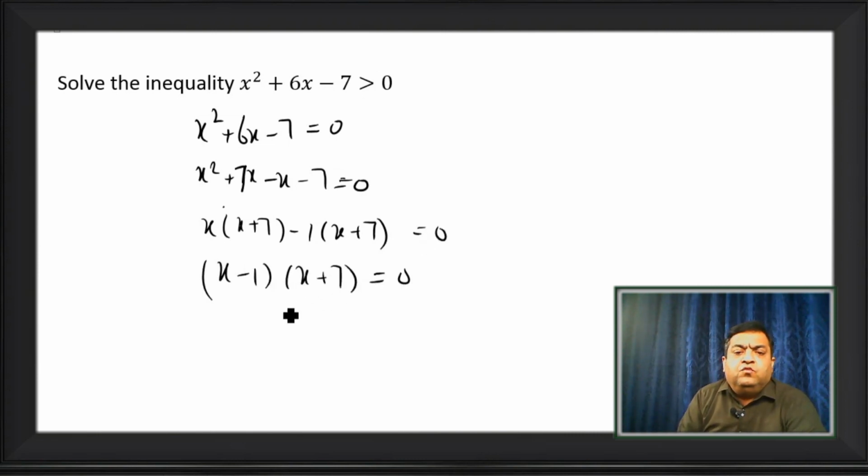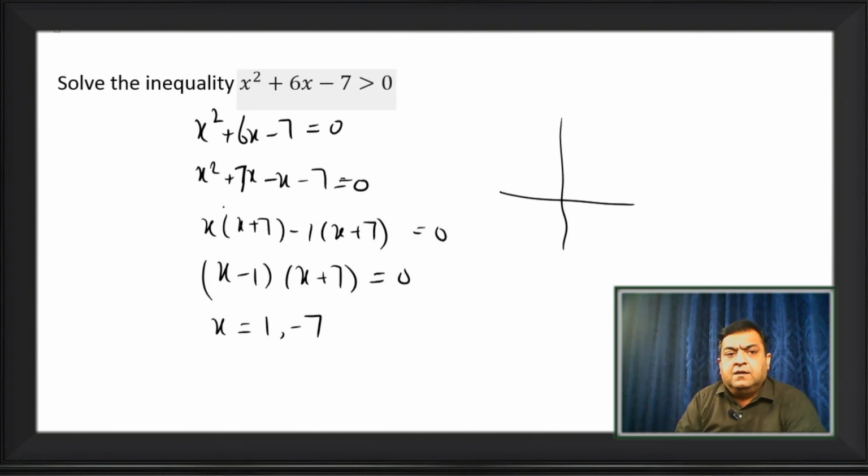So the two roots of the quadratic polynomial will be 1 and -7. Recall the graph, the x² coefficient is positive, so the graph will be like this. The roots are -7 somewhere like here, and 1 will be like here.